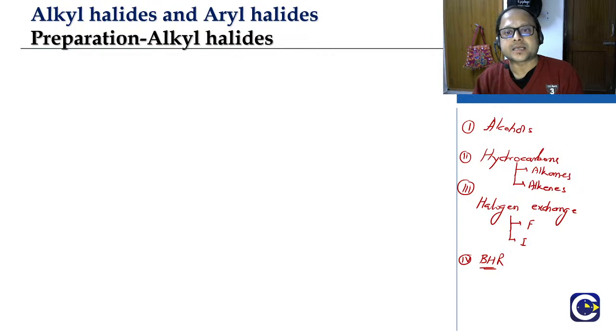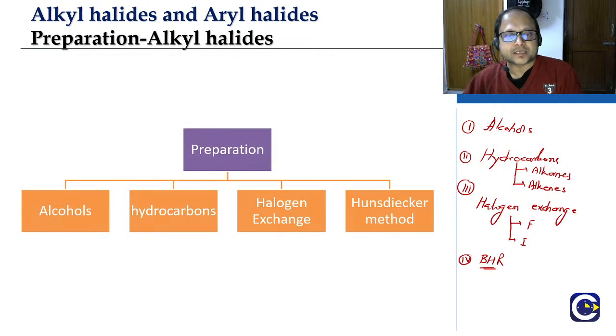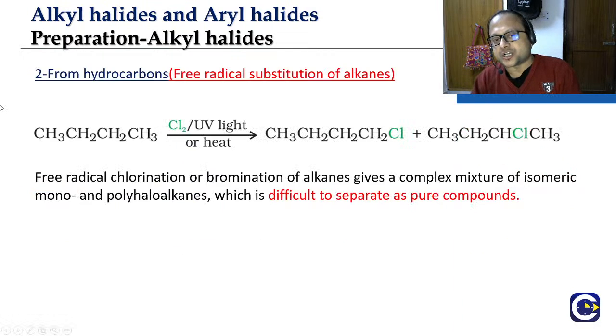So these are the 4 things we'll be covering in today's session. Alcohols we have already completed. Right now we are going to focus on preparation with the help of hydrocarbons, both alkanes and alkenes.